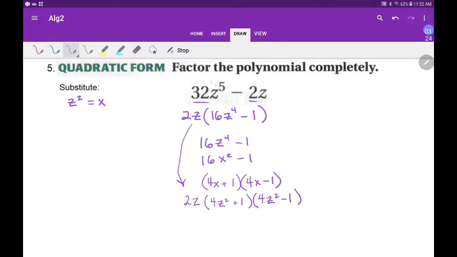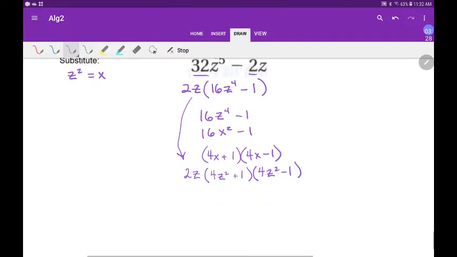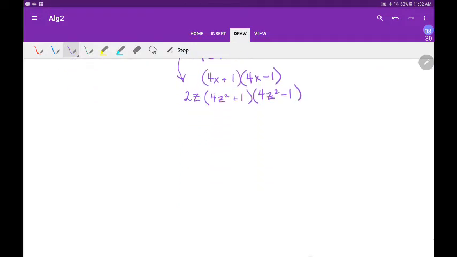That didn't affect anything on the inside. And then I say, wait a minute, there's still some work to be done here, because this is the difference of two squares again. So I can factor this into 2z plus 1, same as I did before, and 2z minus 1. So if I can keep on factoring, I'll keep on factoring.